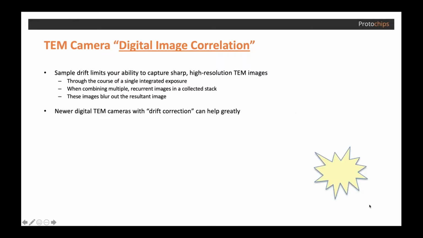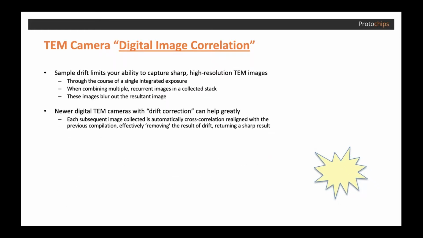So the introduction of drift correction in modern TEM digital camera systems has been an effective aid in combating these issues. Each image is automatically realigned with the data collected prior to it, and it produces a sharp, clear result for you. This feature has made it possible, to an extent at least, to ignore sample drift during the acquisition of an image, and it allows you to increase the magnification and or resolution of that ultimate image.